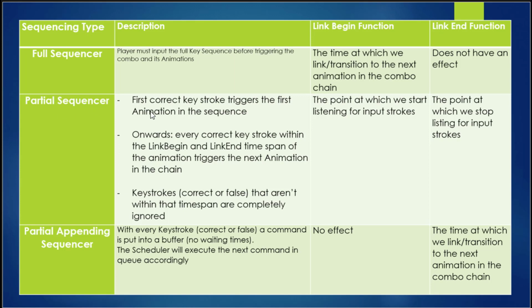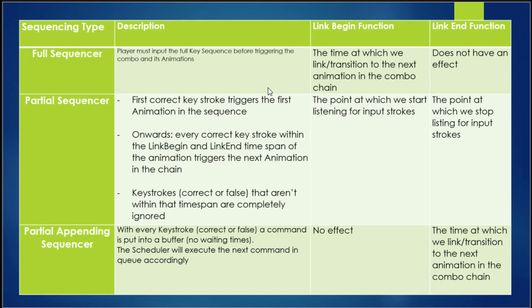Partial sequencer. So the first keystroke triggers the first animation in the sequence. Onwards, every correct keystroke within the link begin and the link end time span of the animation triggers the next animation in the chain. Keystrokes that aren't within the time span are completely ignored. So you have time link begin and link end.